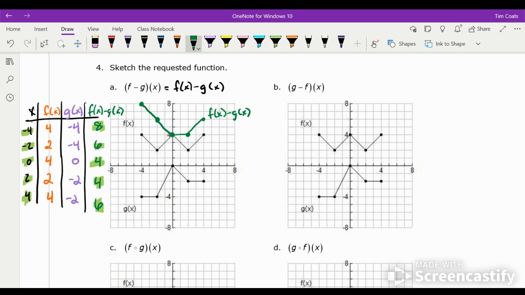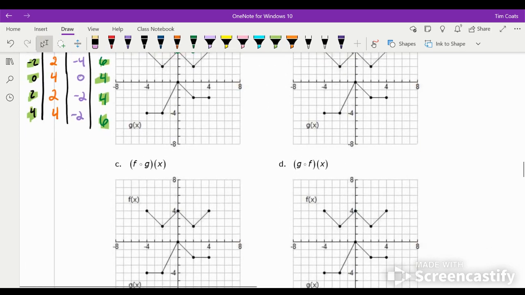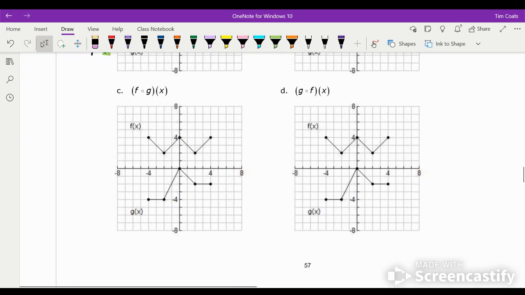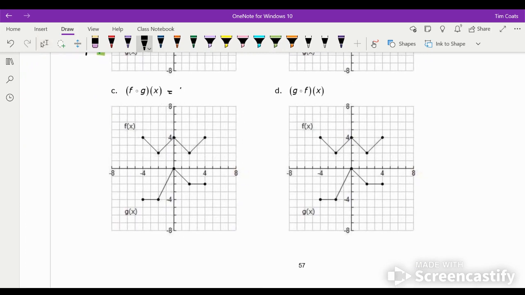So I've left the answers to the other ones in our B and D there. I want to do C, so if you go down with me, let's try C, because C is a little different. C, again, is f of g of x. So if we've got f of g of x, what we're hoping to do here is create a chart again.